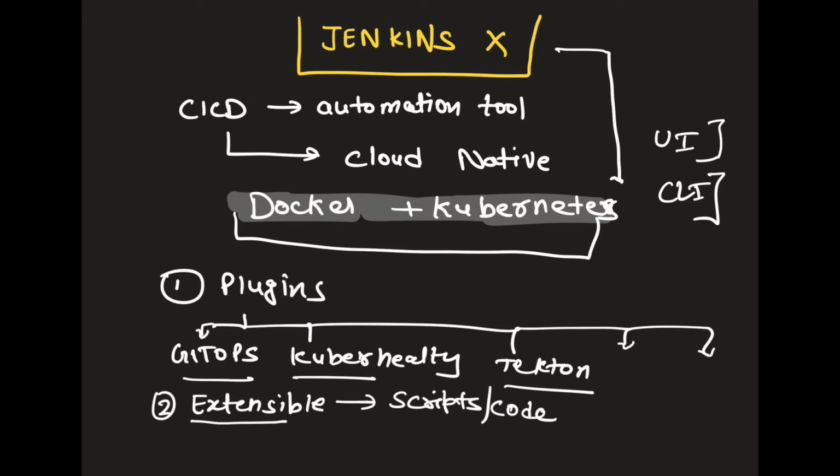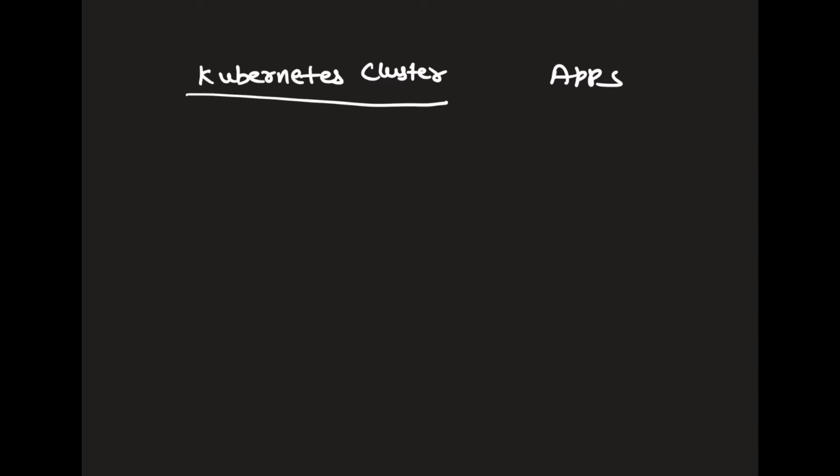Now, what all operations does it support? Let's discuss that. Basically, it helps you to manage two kinds of things. First, it helps you to manage the Kubernetes cluster, and second, it helps you manage your Kubernetes based apps. When I say Kubernetes cluster, what does it mean? Let's say you want to manage different namespaces within your cluster, different configuration, let's say secret management.